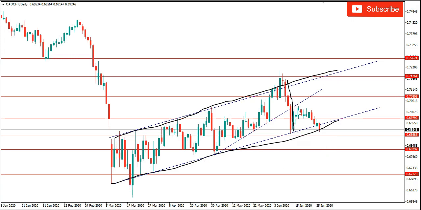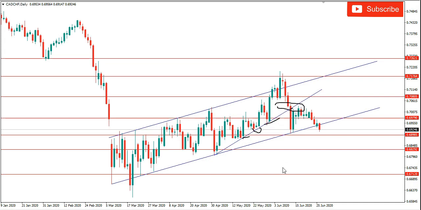We had a retest of this ascending trend line that acted as support back at this point. We have it acting as support at this point, at this point, at this point. We had the break here without any form of retest, and we can see how price came and retested that area at this point with these candles right here.